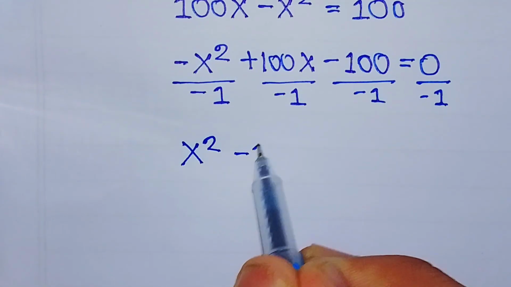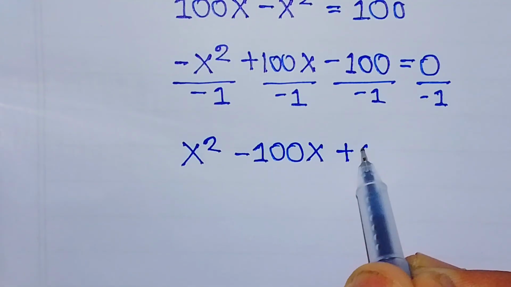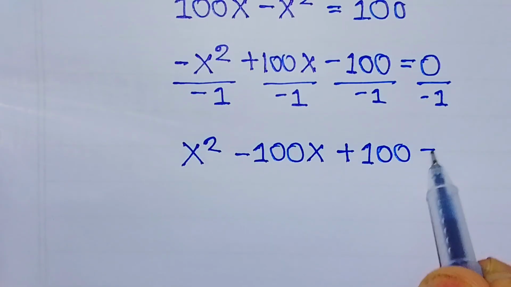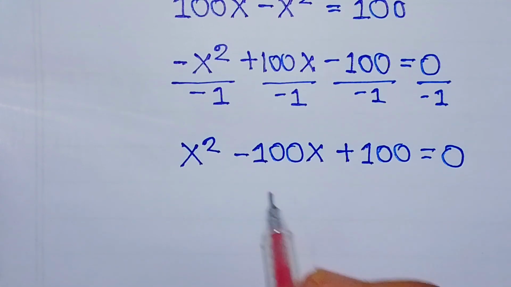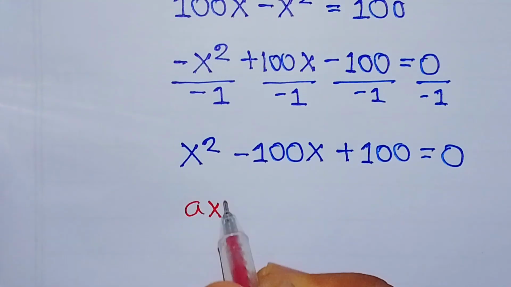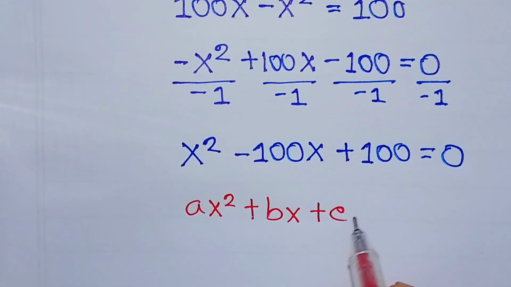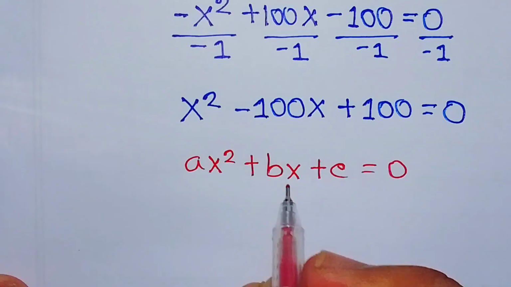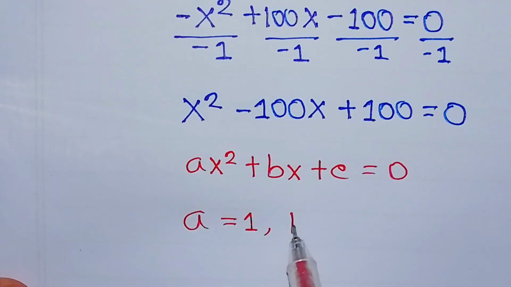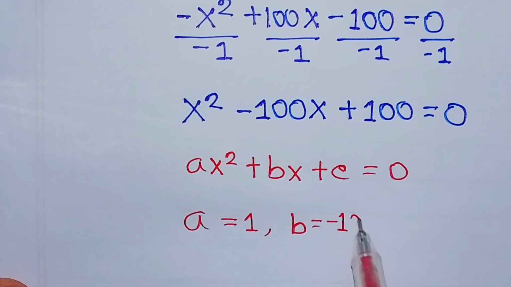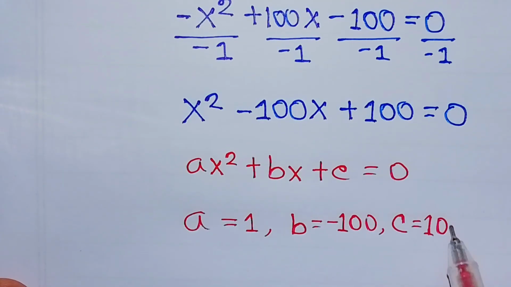Now minus minus will be cancelled out and we get the equation like x square minus 100x plus 100 equal to 0. Guys, this is a quadratic equation. So if we write ax square plus bx plus c is equal to 0 and compare this, then we'll get the value of a equal 1, the value of b is equal to minus 100, and the value of c will be 100.